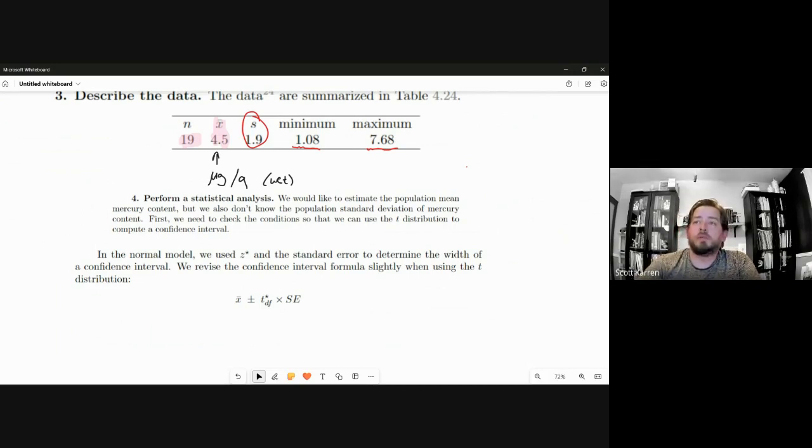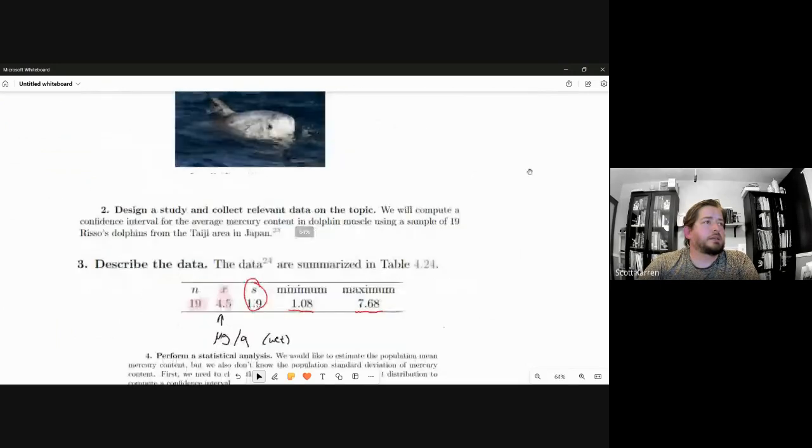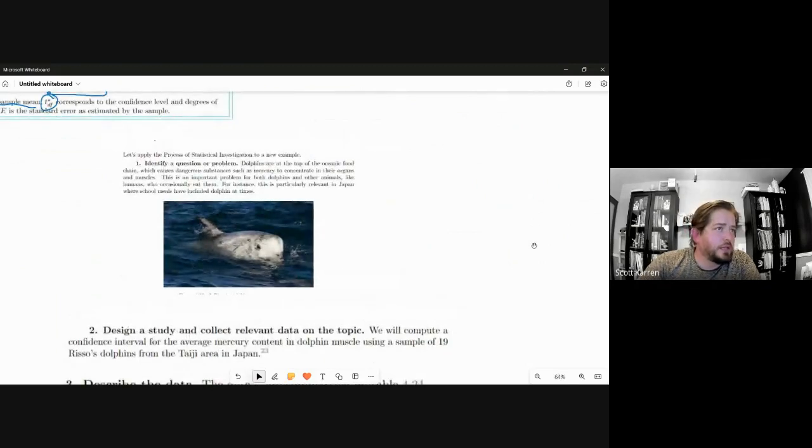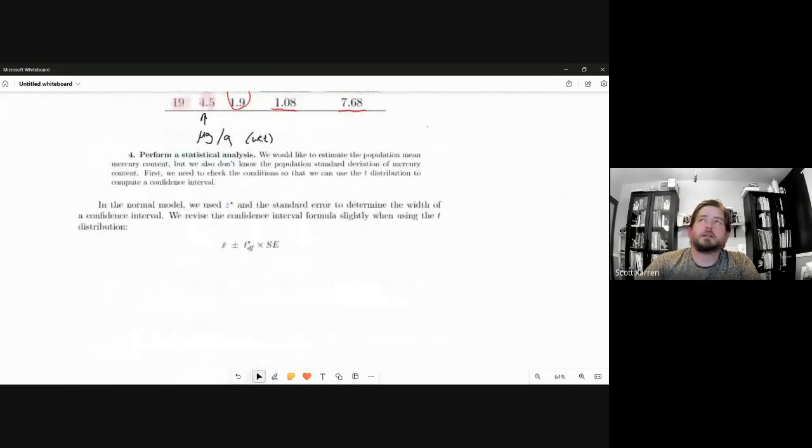So what they're asking us to do is, do they say what confidence value? No, they didn't. Let's calculate what we can first, and then they pose the question in a second. And again, if you aren't given your confidence level, you can typically assume that it's 95%.